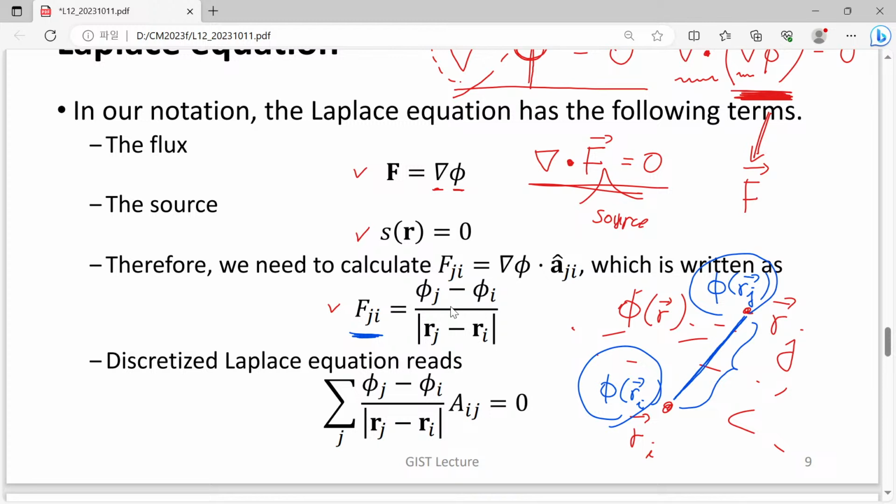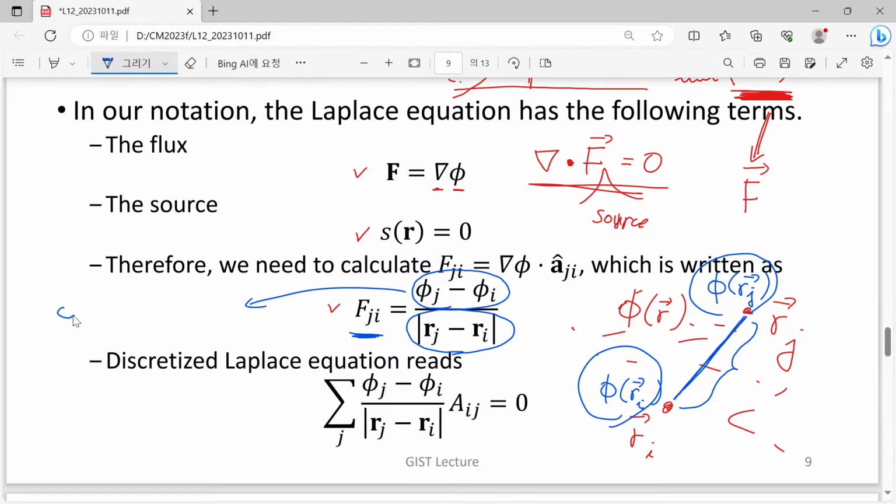You can see that here I just introduced one divided by the distance between two nodes. Phi sub j simply means phi at r sub j, and phi sub i simply means phi at r sub i. Are you with me?